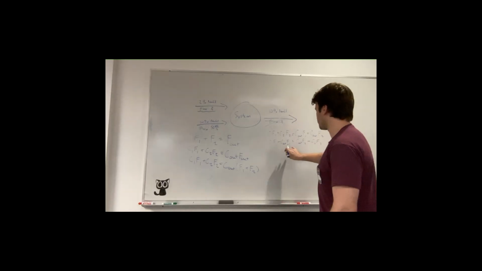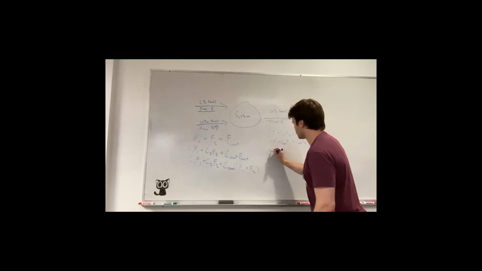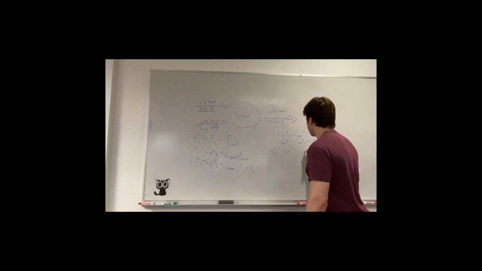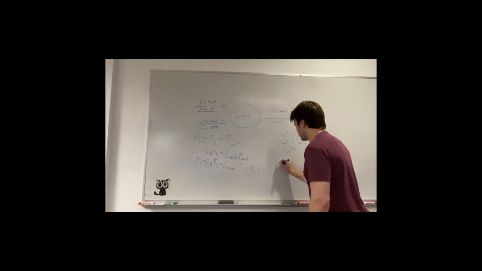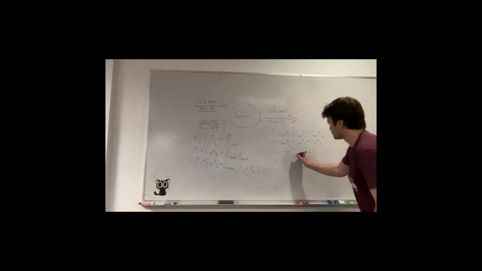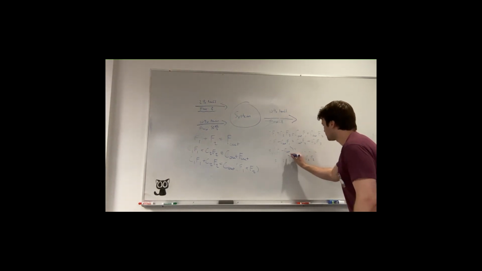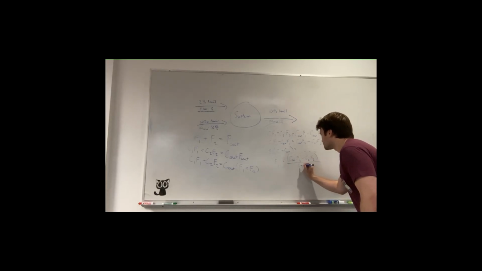And from there we can just work on this side of the equation and isolate F1 multiplied by C1 minus C out. Then you divide on this side to isolate F1. F1 would be equal to C out F2 minus C2 F2, in parentheses, divided by C1 minus C out.